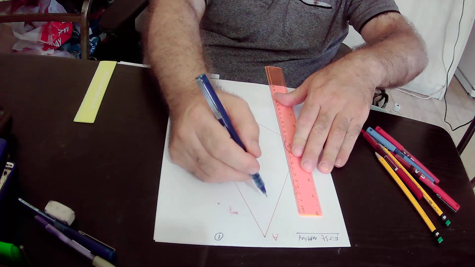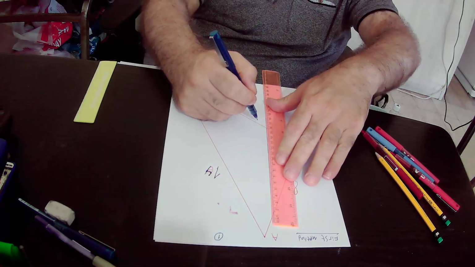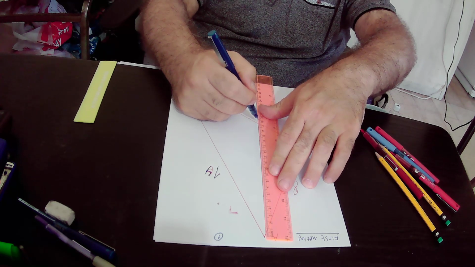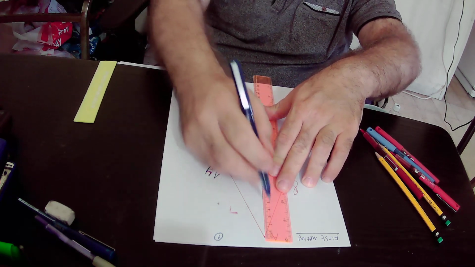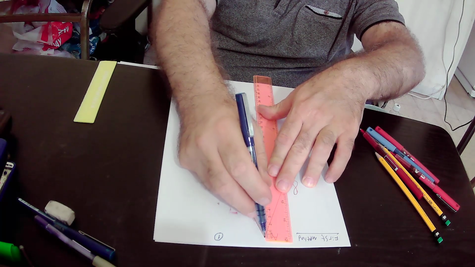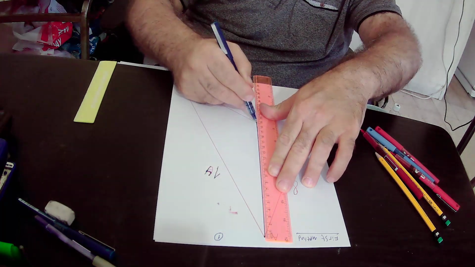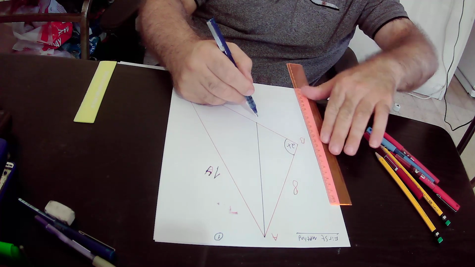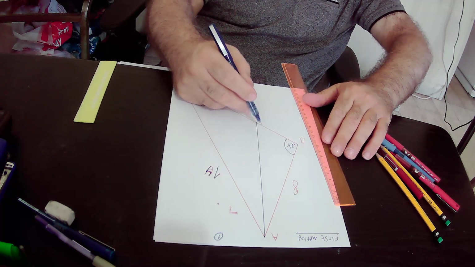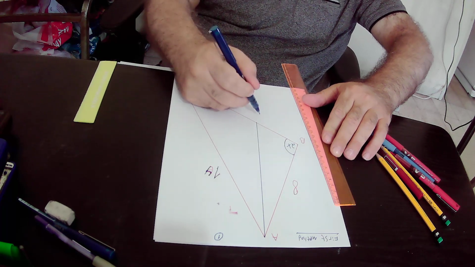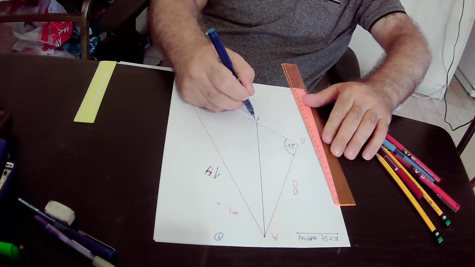From A, we will draw line segment AD, and the touching point between this line segment and side BC will be defined as D.